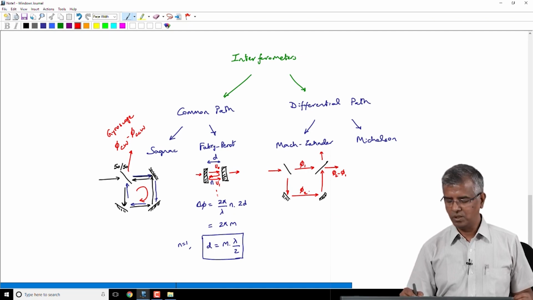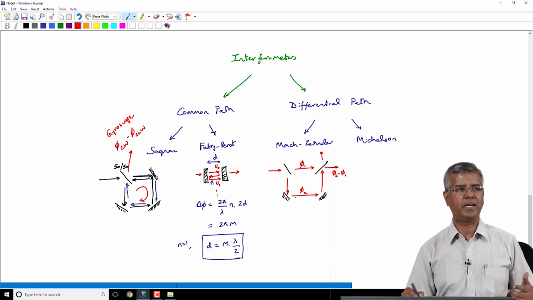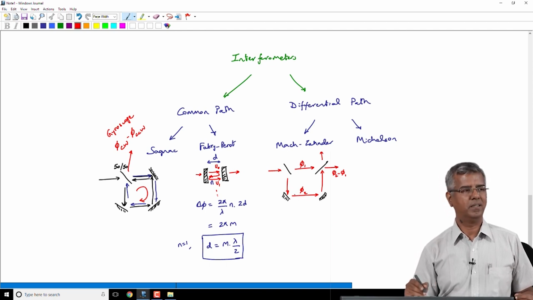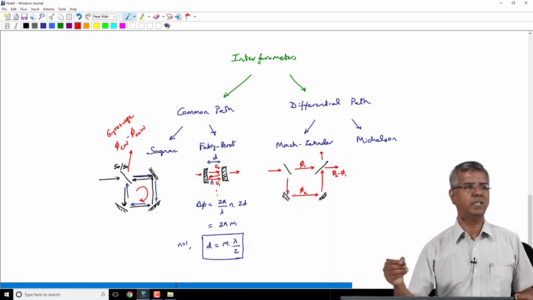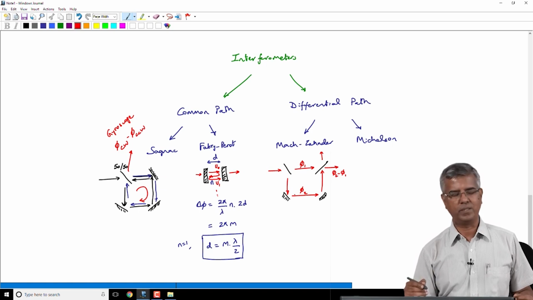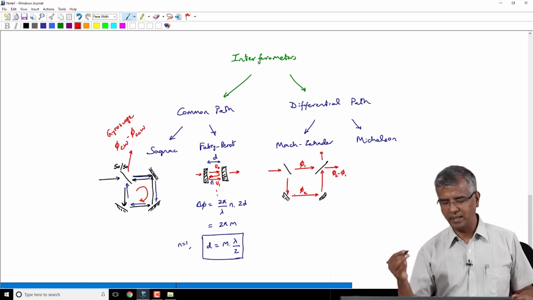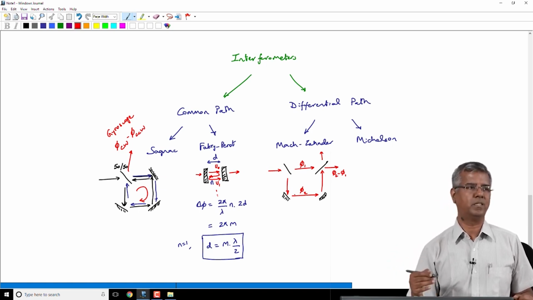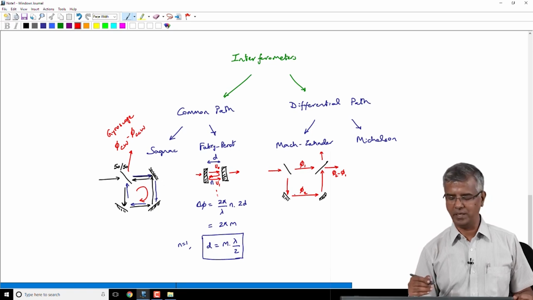So, suppose you want to find the refractive index of some unknown material, you can put that unknown material over here, and based on that you can change the constructive or destructive interference criteria, and based on that you can actually find out what is the refractive index of the medium.